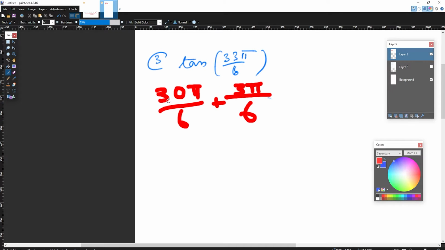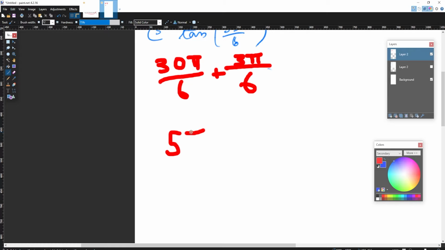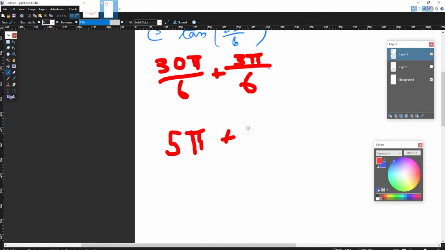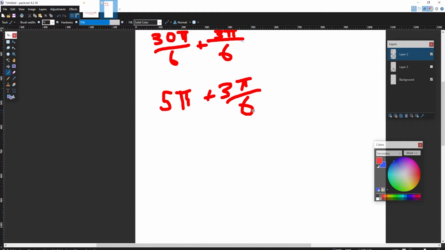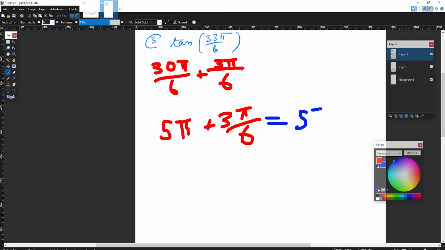If we simplify this down, 30 pi by 6 gives us 5 pi, because 30 divided by 6 is 5, plus 3 pi by 6. 3 goes into 6 two times, so this can also be simplified down to 5 pi plus pi by 2, because 3 divided by 3 is 1 and 6 divided by 3 is 2. So this is equivalent.